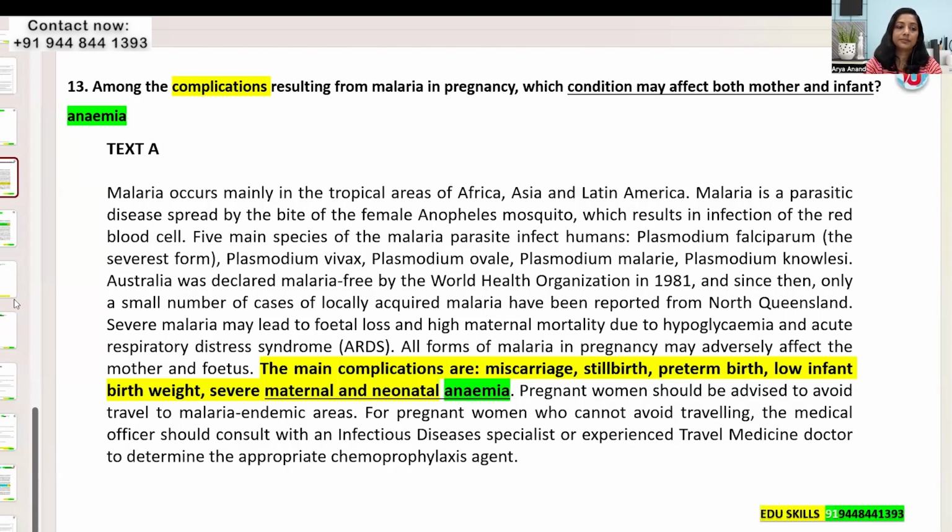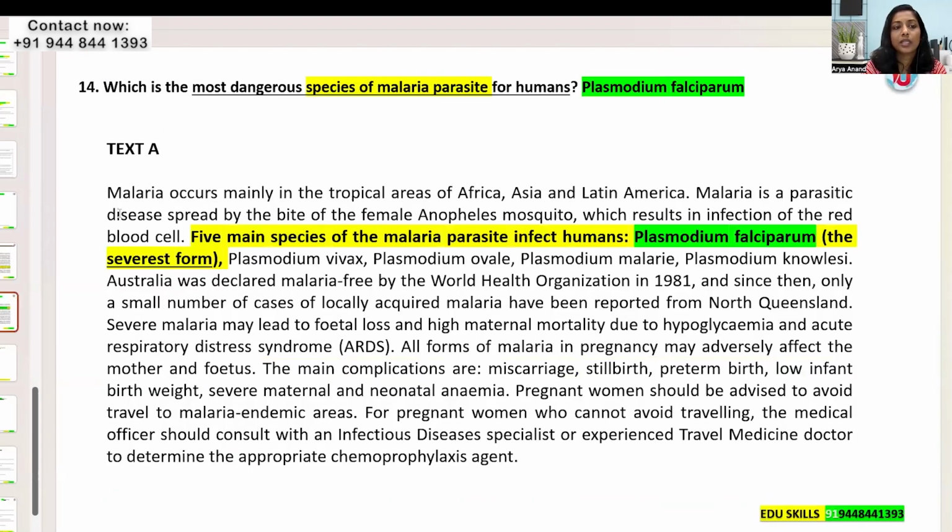Any other questions, any doubts in this topic? Otherwise, I will stop sharing my screen. Ma'am, the 14th question. Which is the most dangerous species of malaria parasite for humans?